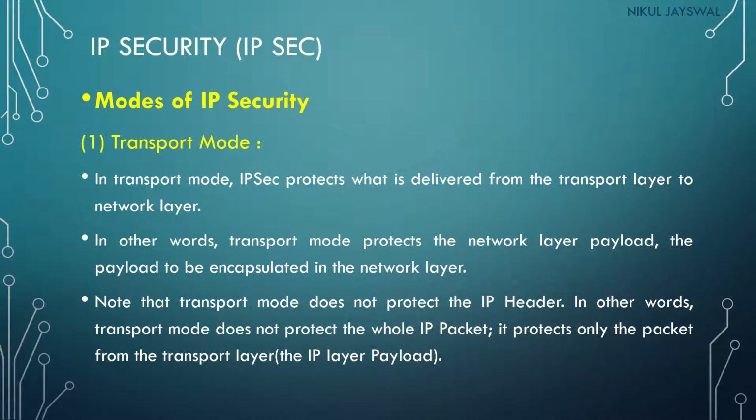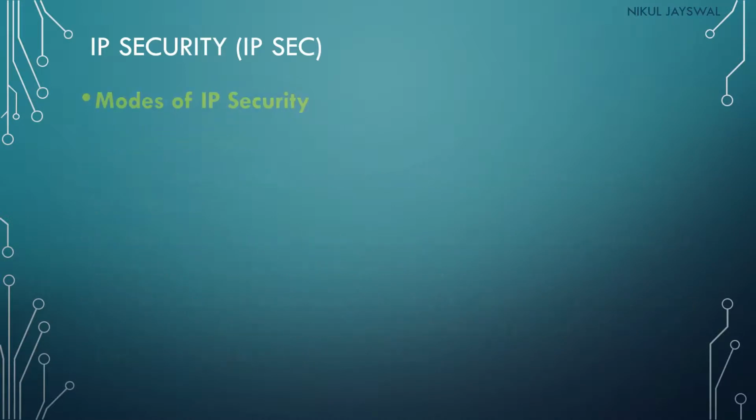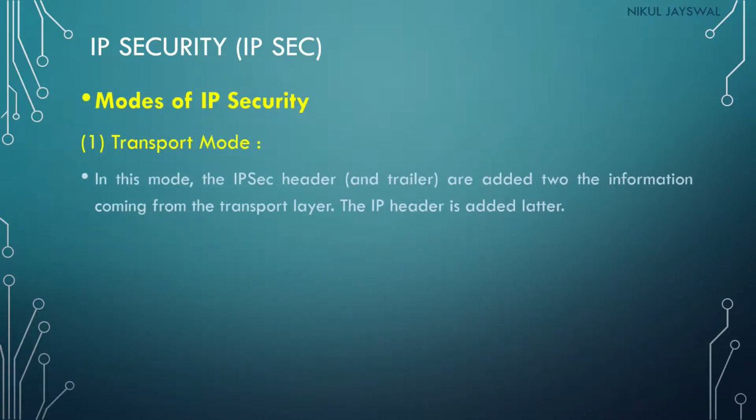It will only provide security for the data present in the transport layer. In this mode, the IPsec header and trailer are added to the information coming from the transport layer. The IP header is added later.